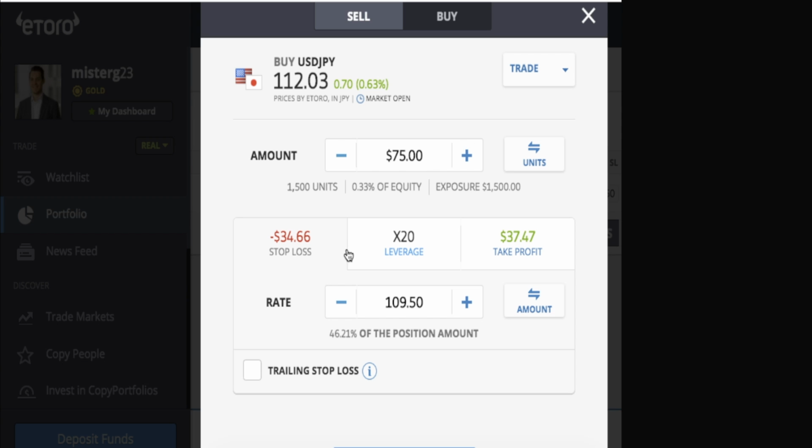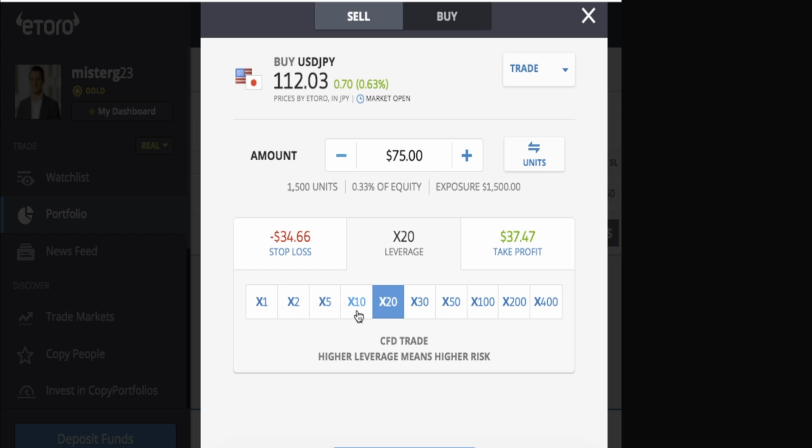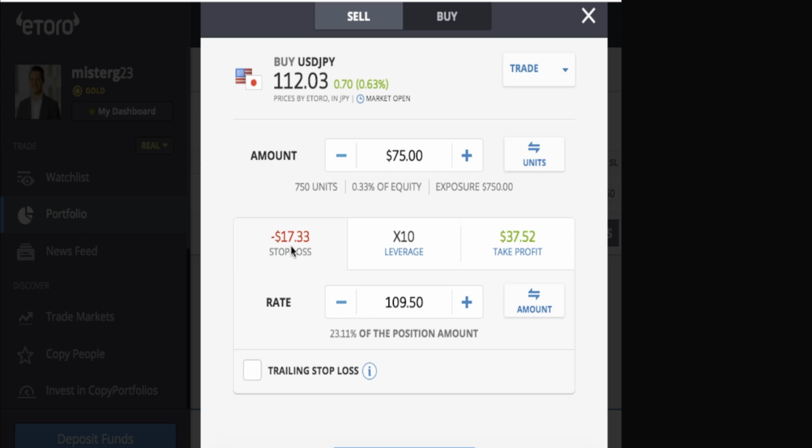If we want to manage the risk, we can go even lower. So maybe we want to do a 10x leverage, and now this is only 23% of the position as opposed to over 50% before. And you can see the amount has gone down. So maybe at this point you could actually increase the position and your loss would still be smaller than before.